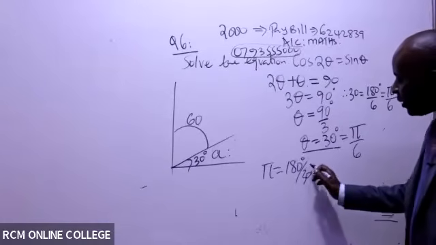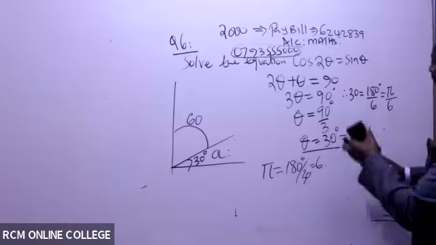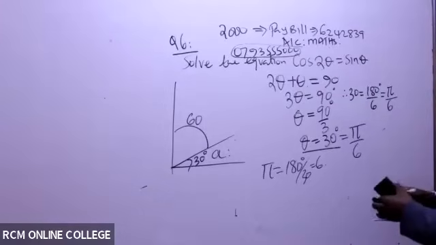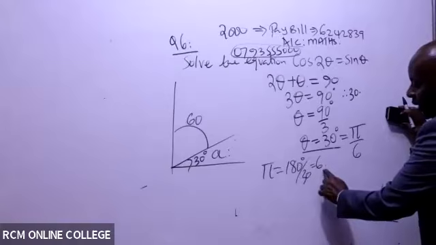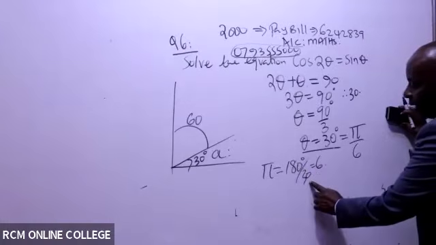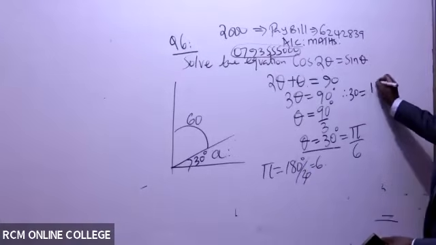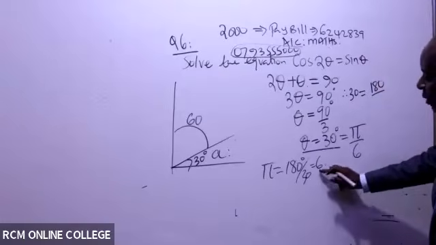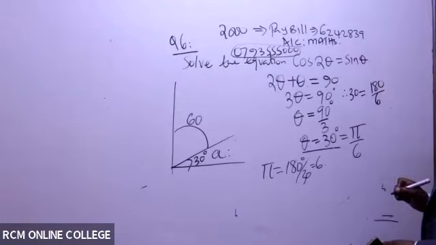Somebody will be able to tell me that this is 6, meaning that I can do a swap. In this case, to get 6, I took 180 divided by 30. So it means that this 30 will be the same as 180 divided by this number of times, which is 6.